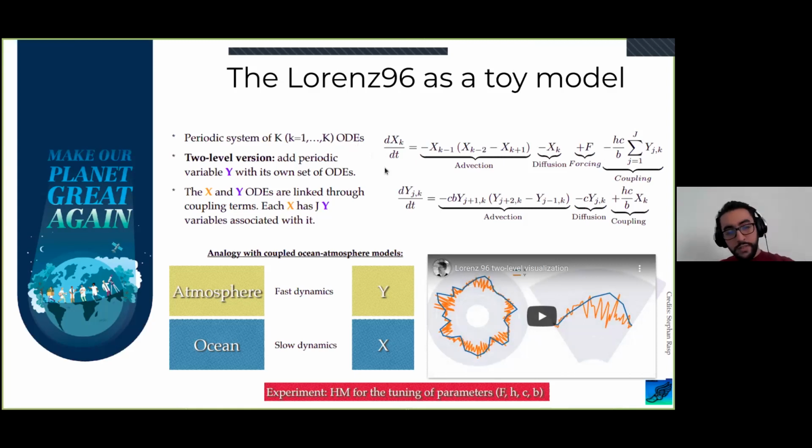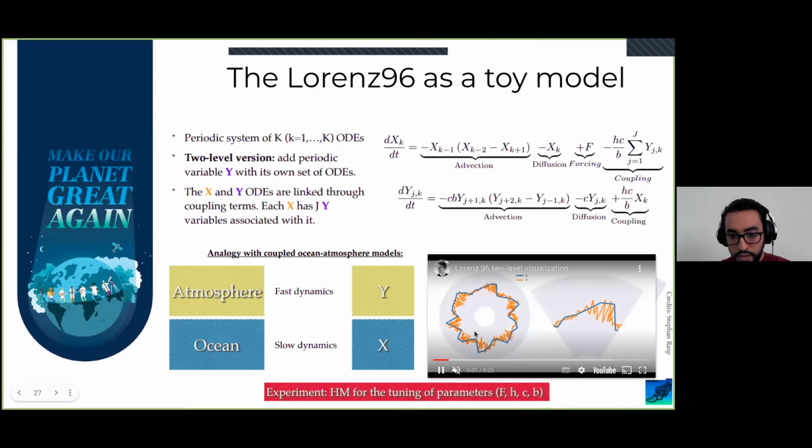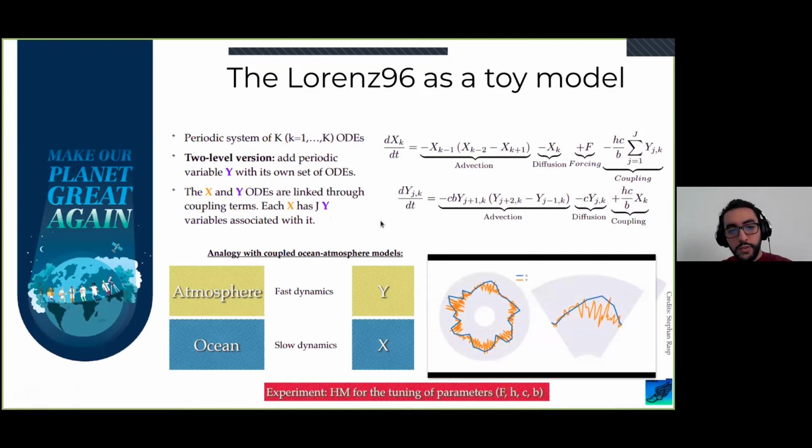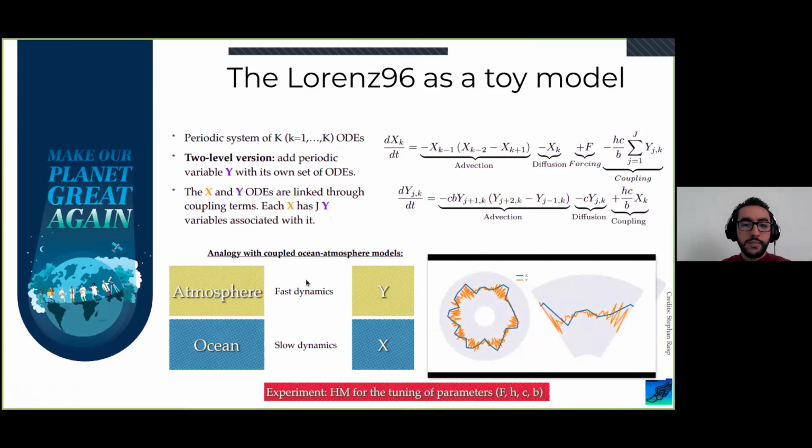It has two levels. As you see nicely in this video, you have a variable X, the blue one, which has slow dynamics, and it is coupled with a number of variables Y, which have fast dynamics. We can use this model to make an analogy with coupled ocean atmosphere models, where the atmosphere has fast dynamics and the ocean slow dynamics.